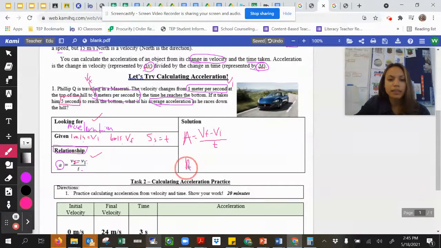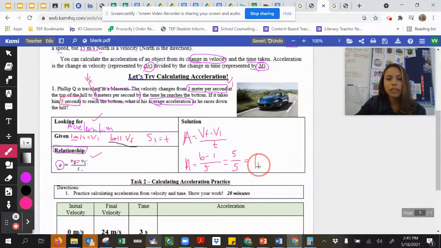So acceleration equals VF, which is 6, minus VI, which is 1, over total time, which is 5. 6 minus 1 is 5, and then over 5. 5 divided by 5 gives us 1.